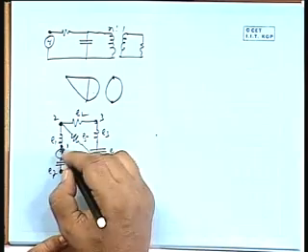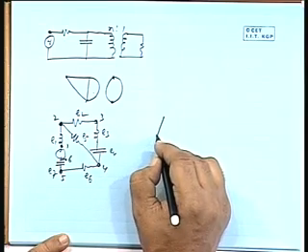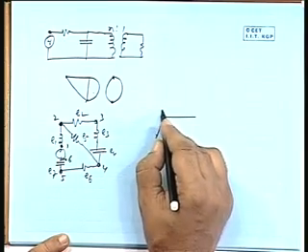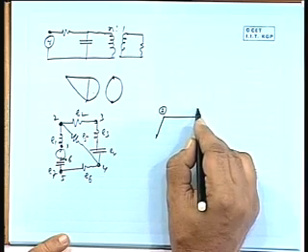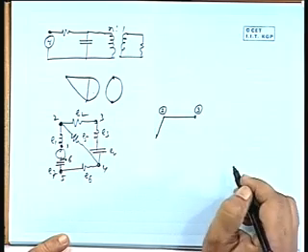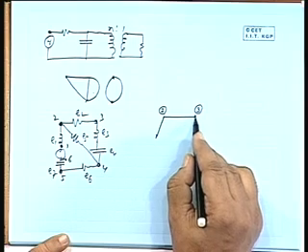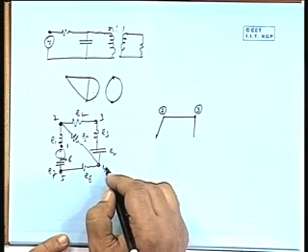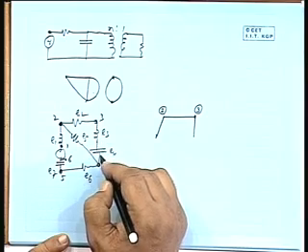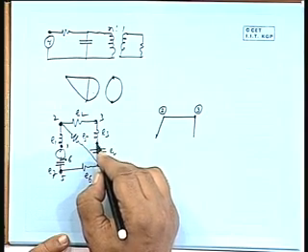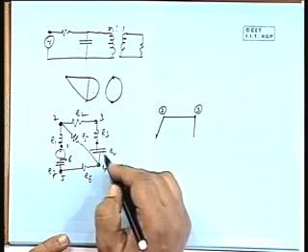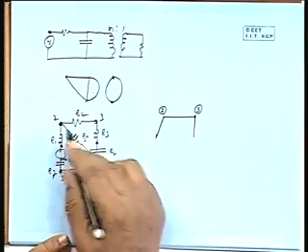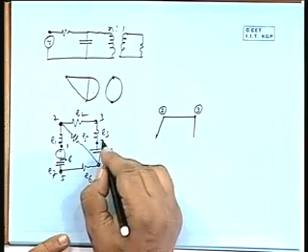Then 1 to 2 I will represent by an edge here, 2 to 3, like this, 3 to 4. E3 and E4, they may be combined, or I can put another node here after this element. So, that may be 1, 2, 3, 4, 5, 6, 7.